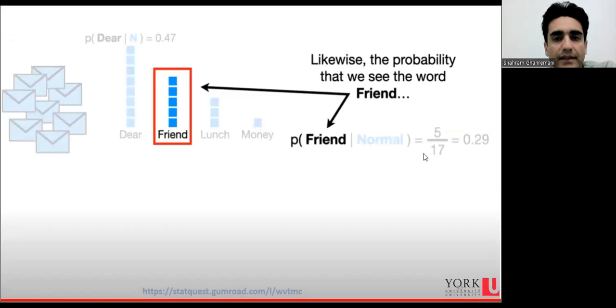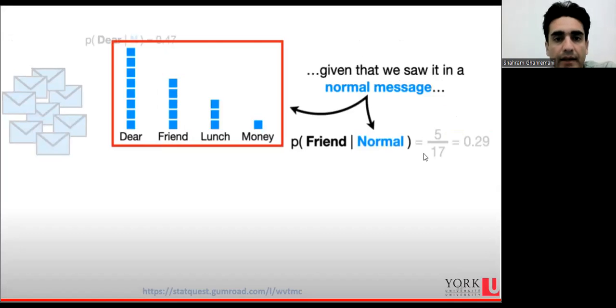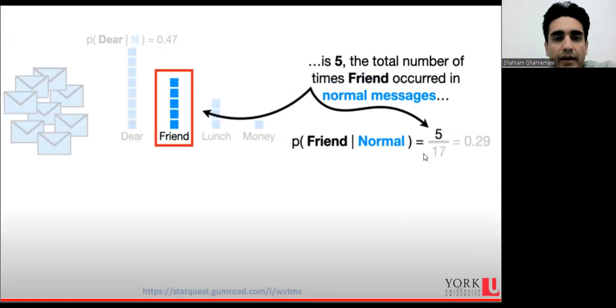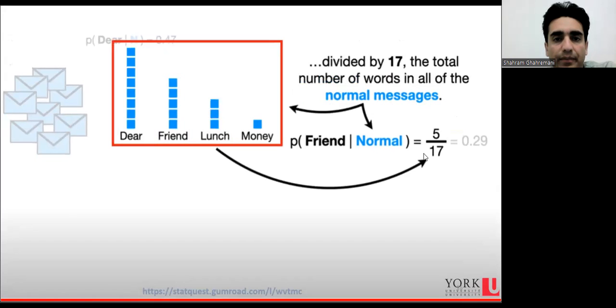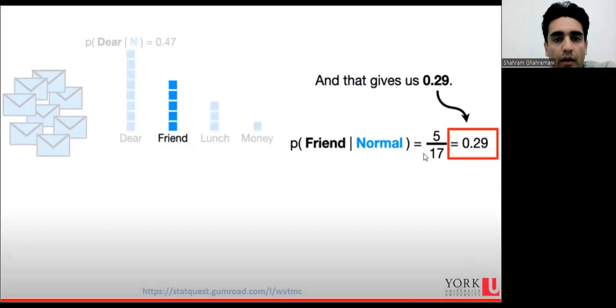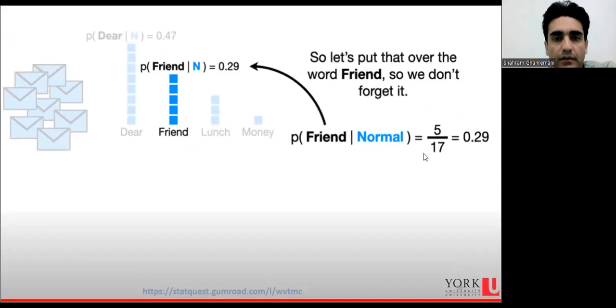Likewise, the probability that we see the word friend, given that we saw it in a normal message, is 5, the total number of times friend occurred in normal messages, divided by 17, the total number of words in all of the normal messages. And that gives us 0.29.